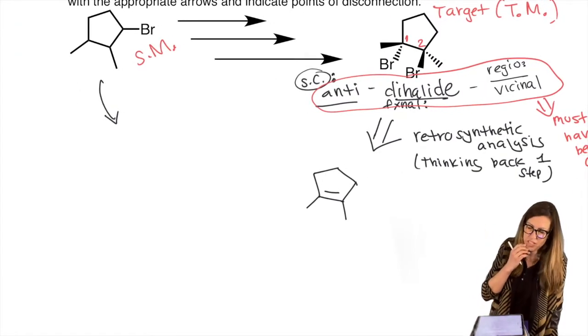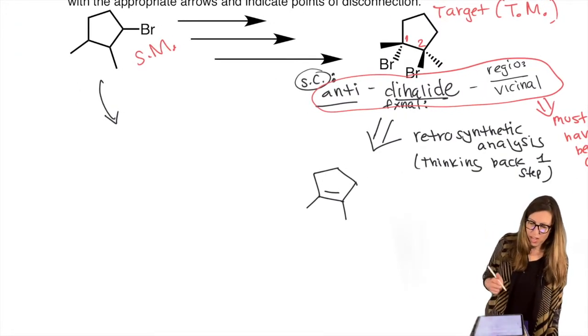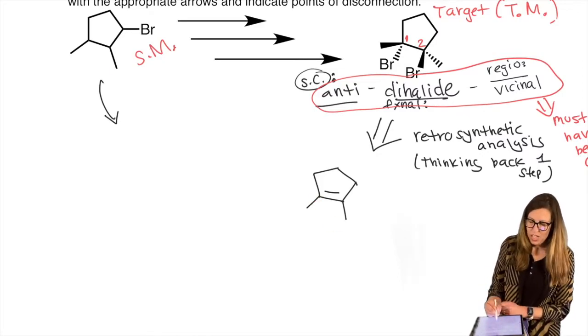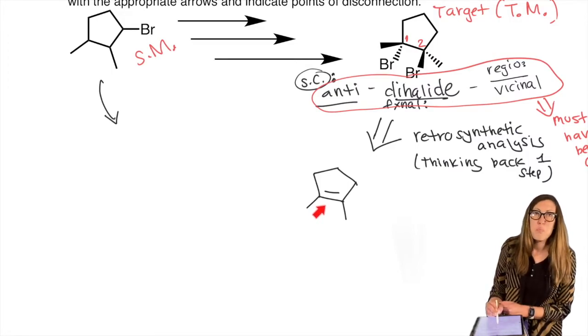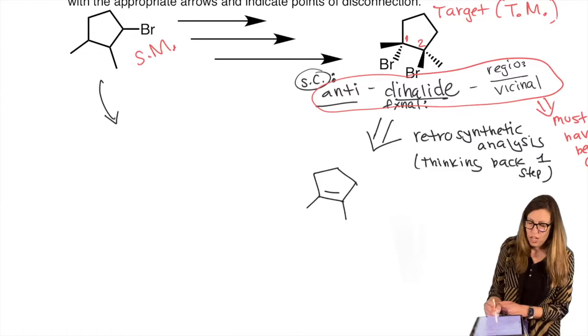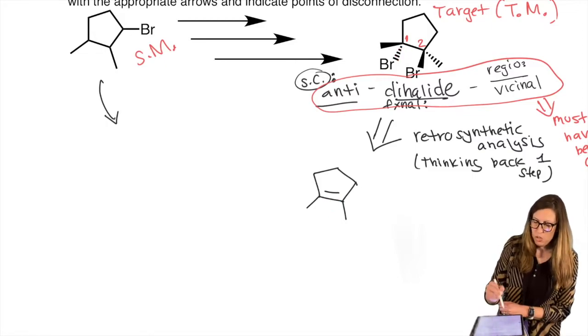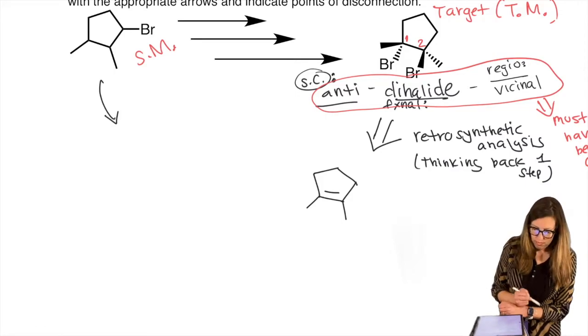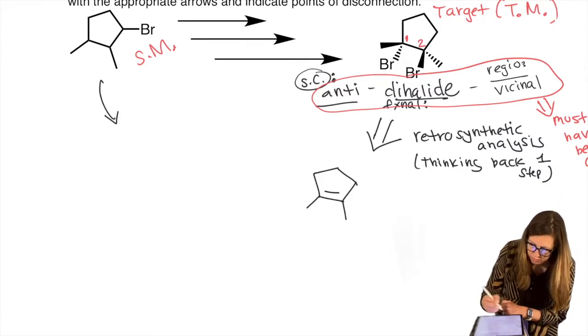Okay, we're not home yet. Like I said, it's multi-step synthesis. But I always check, am I done yet? Nope, those don't match. When those match, you're done. Okay, what could I have had to make an alkene? I reacted the alkene to get that, but I had to get here to somehow make an alkene. What makes an alkene? Elimination. Had to do an elimination reaction. So therefore, I need a leaving group. So I'm going to write that here.